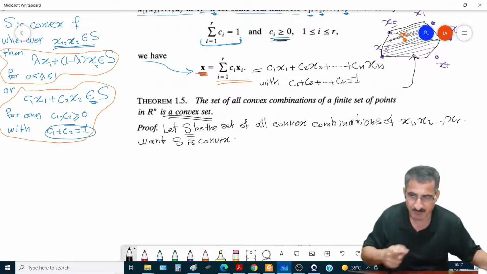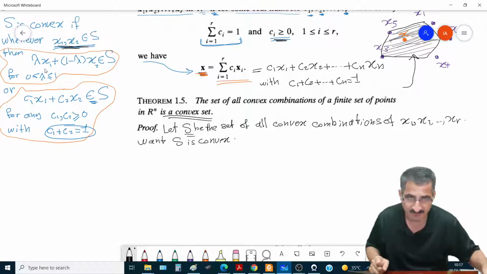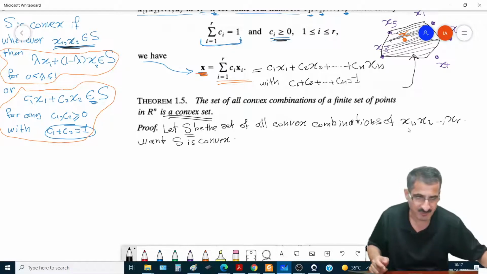We choose 2 points, but we will give them different names because we are already using x1, x2 to xr.